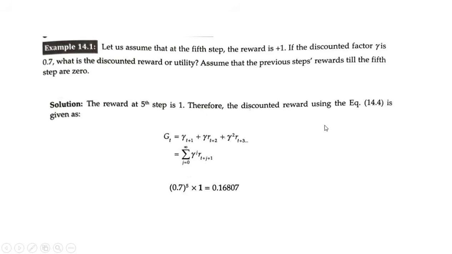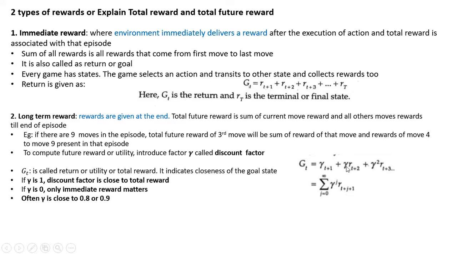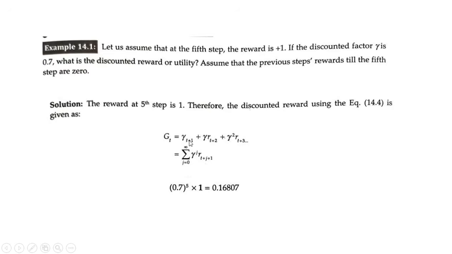Therefore the discounted reward using this equation is G_t = gamma R_(t+1) + gamma^2 R_(t+2) + gamma^3 R_(t+3) and so on, or I can say the summation of gamma^j R_(t+j+1), where j ranges from 0 to infinity.